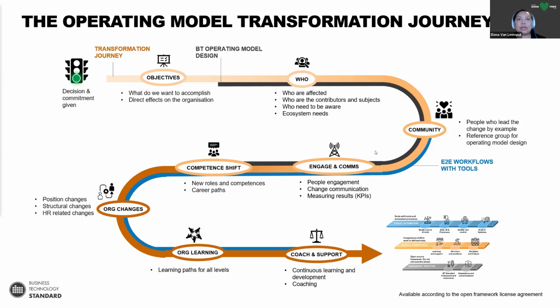So once you have been able to get people on board, build a community, engage people, communicate with people, and build up their competence, then you would be able to have some sort of structural changes if needed, and HR related changes. That's the other turning point.